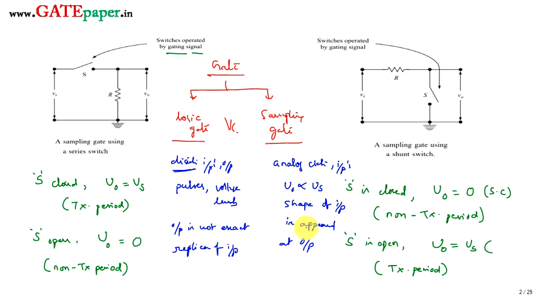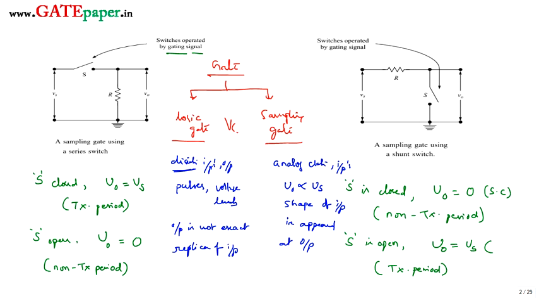The shape can be sinusoidal or any random signal. It may be a square, rectangular, or triangular waveform, or any waveform irrespective of its shape. It may even be a random noise signal, which will appear at the output exactly as it looks at the input side.